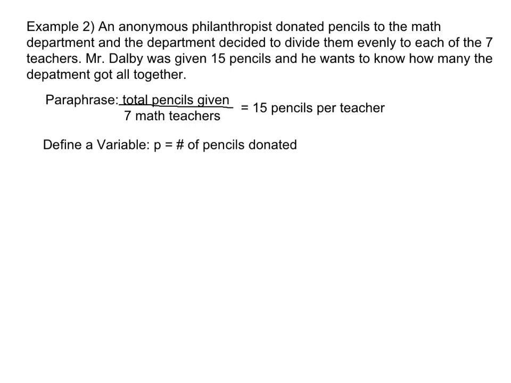Now we need to define our variable. Again, you can choose any letter, but I chose P to equal the number of pencils donated. This situation didn't really give a question, but the unknown is how many pencils were given altogether by the philanthropist. So that's what we're going to find out. That's what Mr. Dalby was looking to find out here.